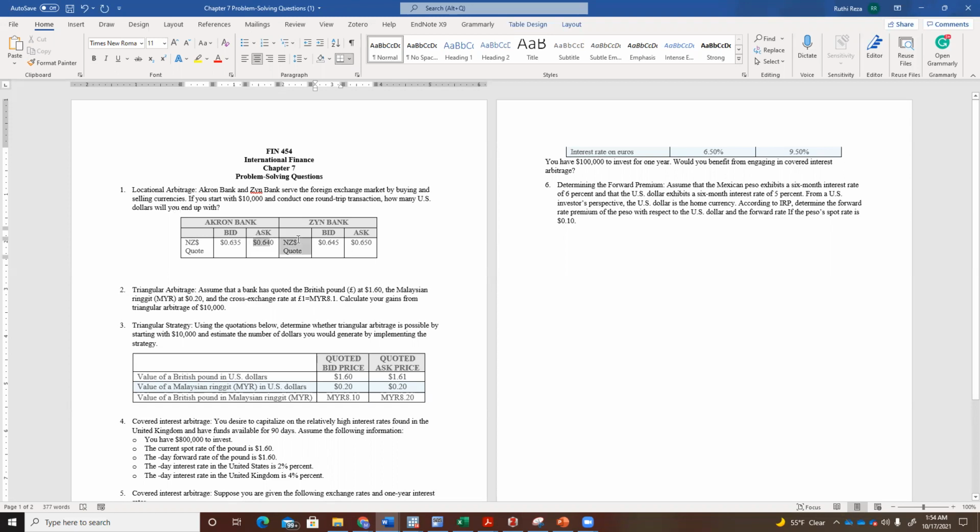So you can see the spread between these two rates is 0.005. So from this particular example, it is very clear that you can buy New Zealand dollar at a cheaper rate from Akron Bank and then sell it to Zin Bank at a higher rate. So we have the opportunity for locational arbitrage here.